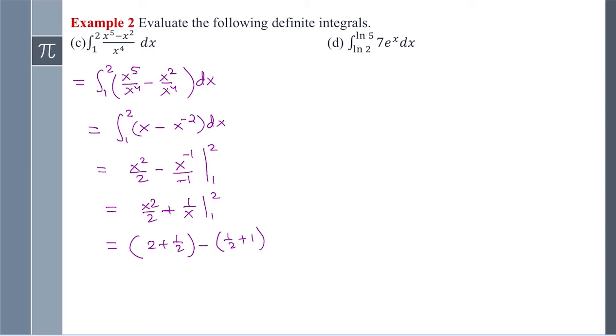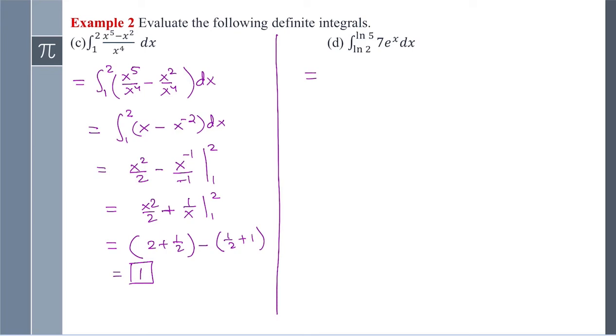And then when we combine these, it is 2 plus 1 half minus 1 half minus 1. So 1 half and 1 half go away. Then I have 2 minus 1, which is just 1. So this equals 1.